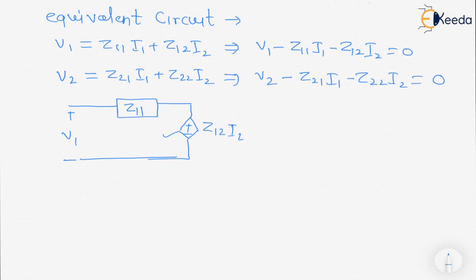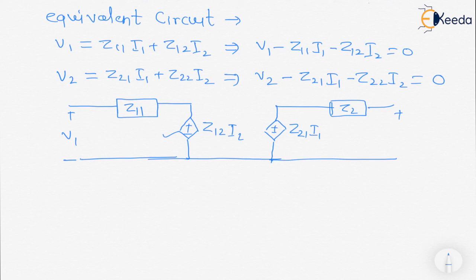This is basically a current dependent voltage source, and this side it will be another current dependent voltage source, and this can be represented Z21 I1, and here it will be an impedance of Z22, and this is plus minus V2, and this is I2.